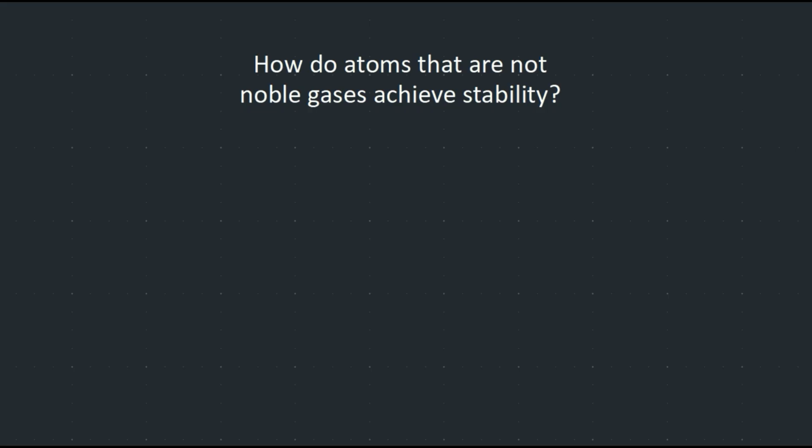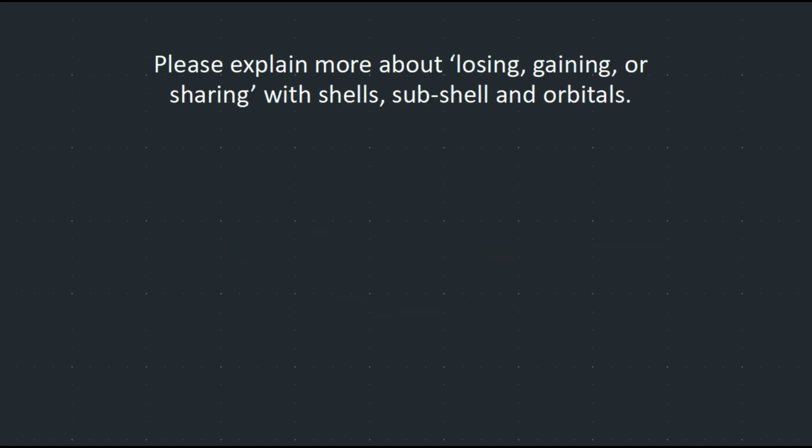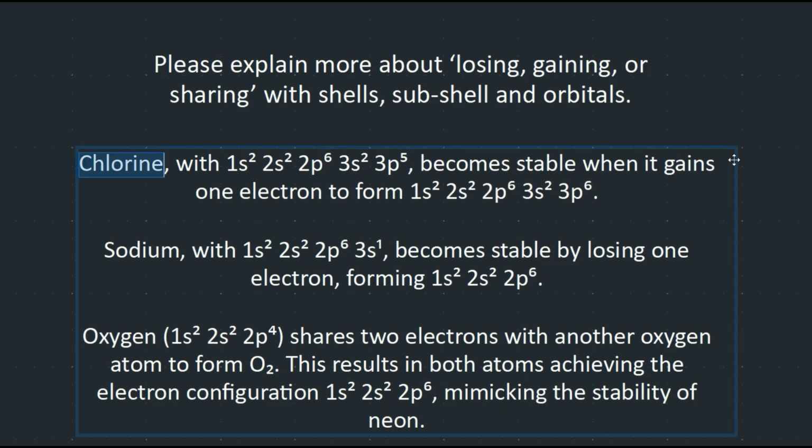How do atoms that are not noble gas achieve stability? They lose, they gain, they share. And it should make sense who loses, who gains, and who shares. That too is not fixed actually, it's commonsensical if you understand which atom is where. Chlorine is 1 electron away, right? So it wants to gain.